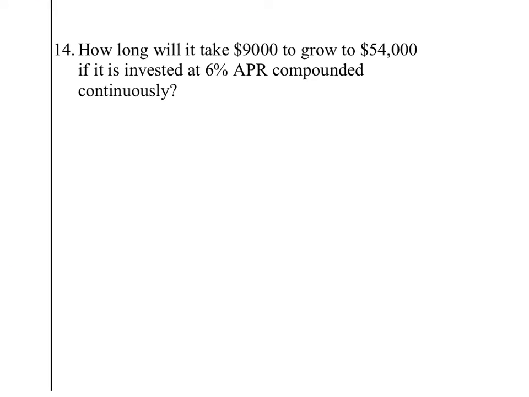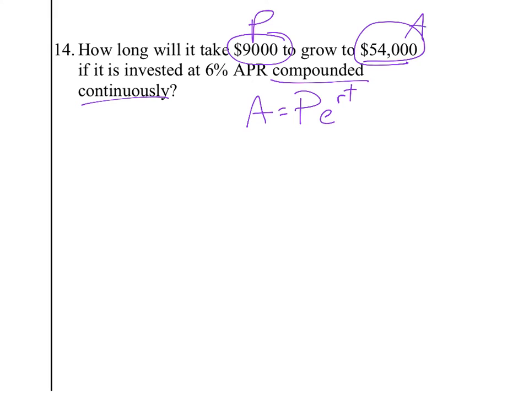Now, how long will it take compounded continuously? So this is my PERT again. How long will it take 9,000 to grow to 54,000? That's my A, and that's my P. So 54,000 equals 9,000 e to the r, which I know is 6%, so that's 0.06 t. T is what I'm looking for.